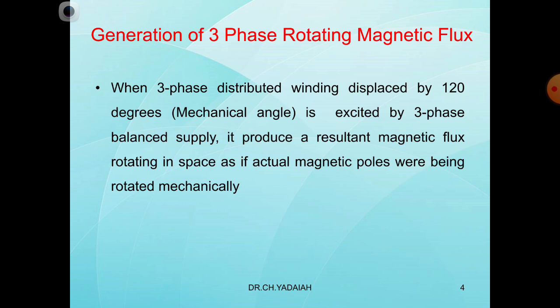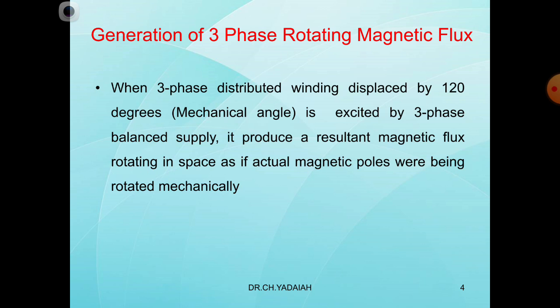So we will also see mathematical values. Very interesting, very easy also. Just observe how the vectors change, how the phasors change at different angles. Before that, let us see the generation of three-phase rotating magnetic flux.